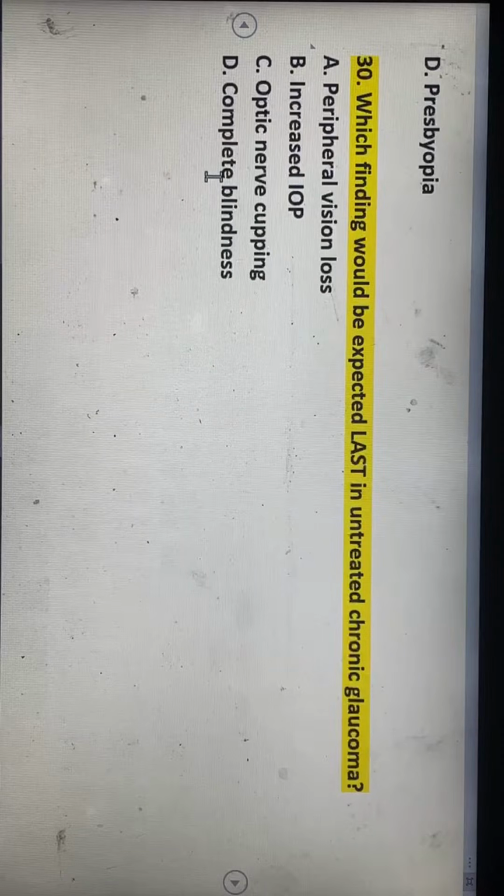If you choose increased IOP, that is not what should be expected last, so you are wrong. If you choose optic nerve cupping, that is not what will be expected first, but it should not be expected last, so you are wrong. So the right answer is what? Complete blindness, irreversible blindness, permanent blindness. So the right answer is D, complete blindness.